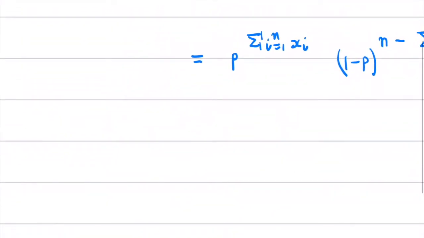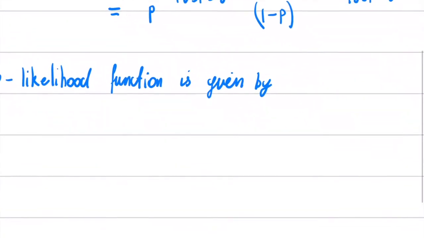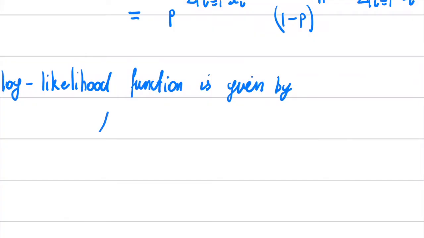So now it's going to be to come up with the log likelihood function. So the log likelihood function is given by, okay, so remember, by definition, I'm going to say the log likelihood of p is equal to the log of the likelihood function.